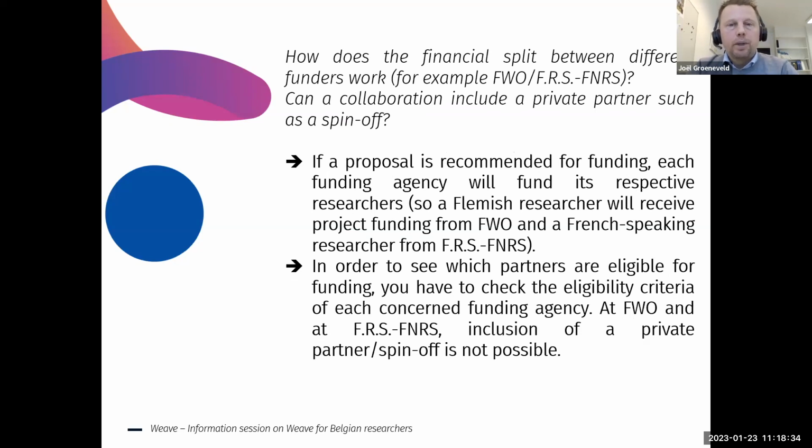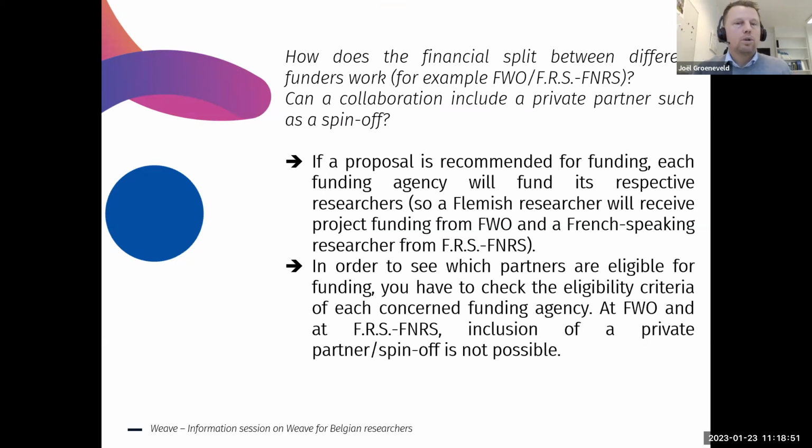How does the financial split between different funders work, for example between FWO and FNRS? And can a collaboration include a private partner such as a spin-off? If a proposal is recommended for funding, each funding agency will fund its respective researchers.